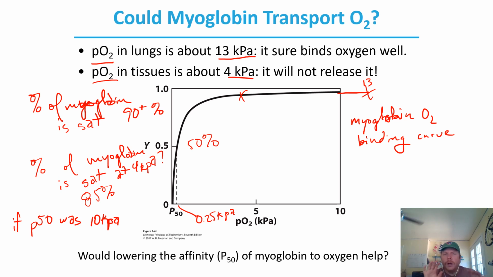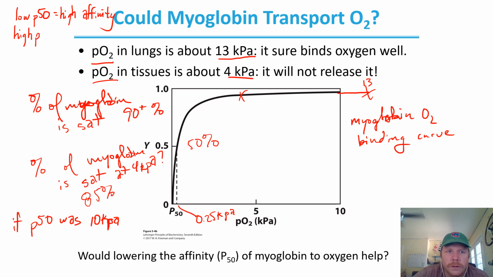So keep this idea in mind: low P50 equals high affinity. High P50 equals low affinity.